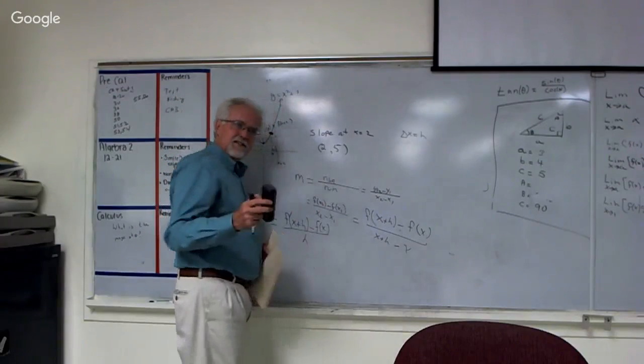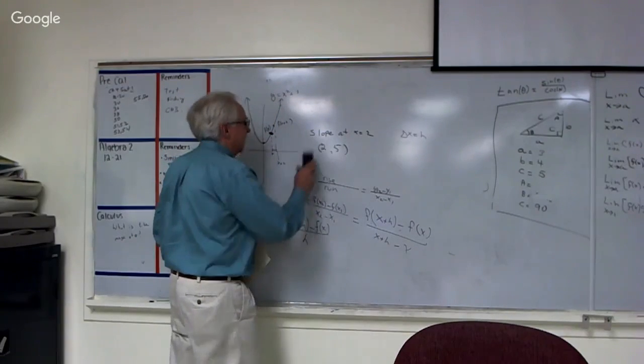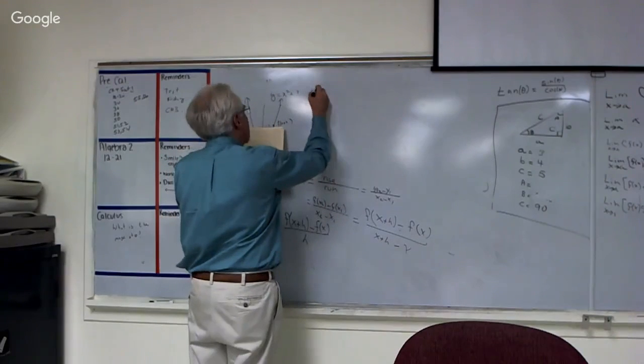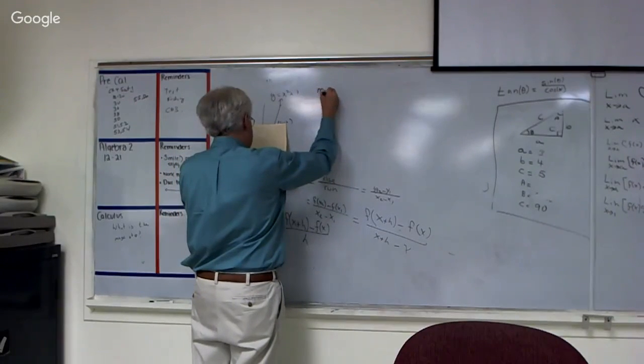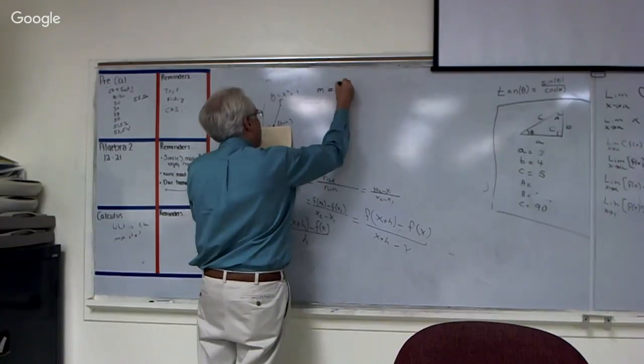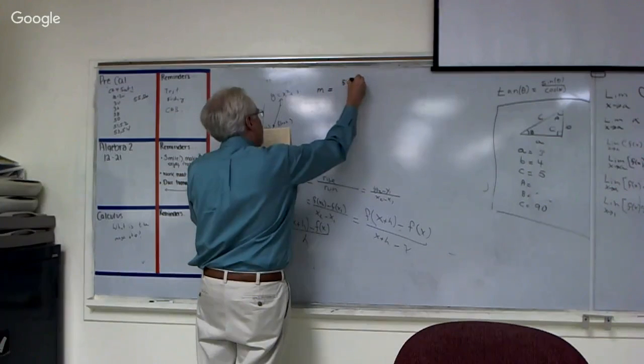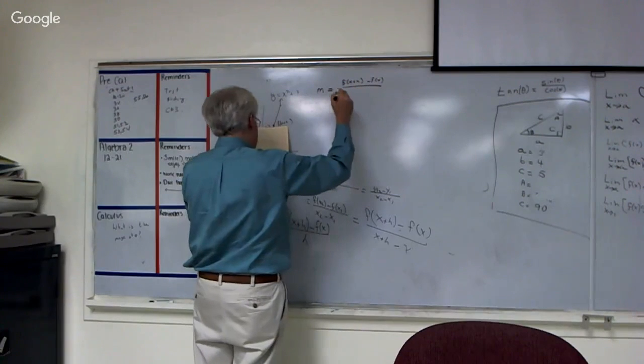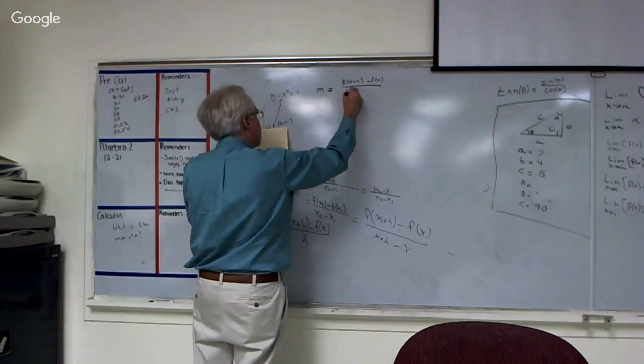Well, let's think about it. Is that how I do it? I don't know. Let's think about that. Okay, so we're going to say m is equal to f of x plus h minus f of x over x plus h minus x, which is just h.